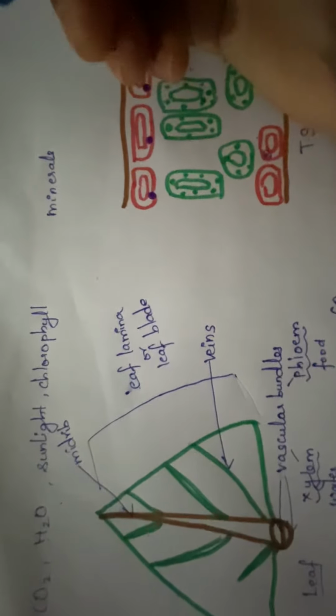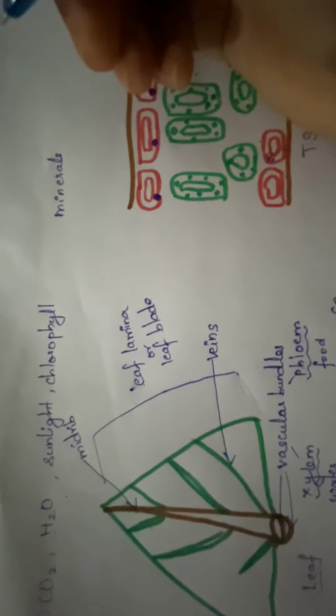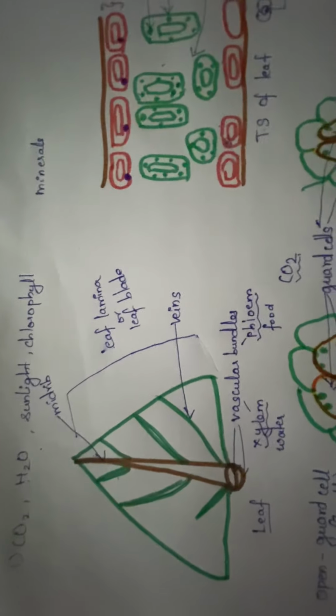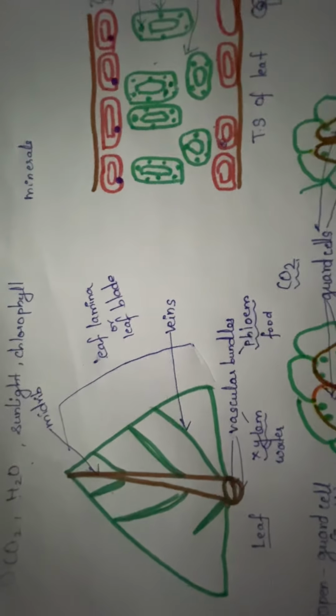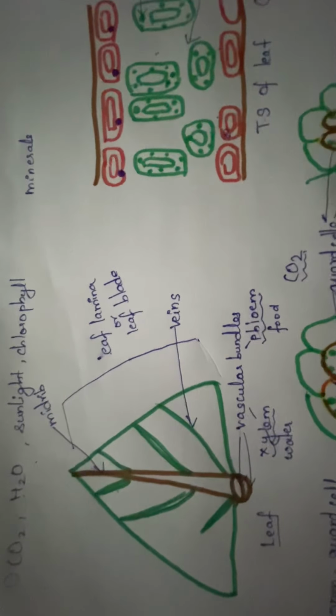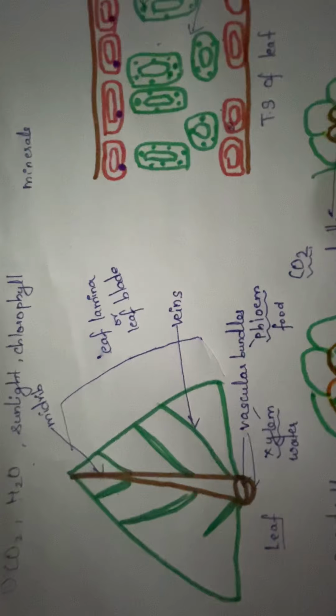That we have already studied in class 9th as well as in class 8th. So from all this we come to know how the plant carries out photosynthesis, what the requirements are and how essential they are.